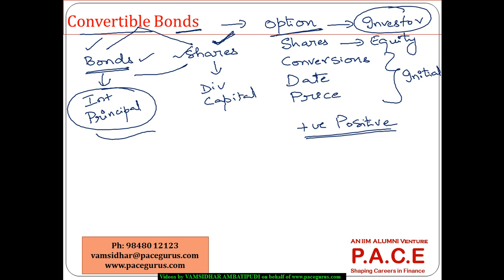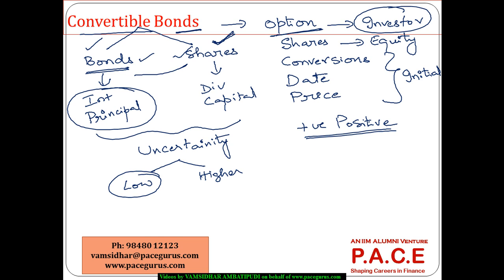And when more uncertainty exists, the share price can move drastically; it may go much lower, it may go much higher. If it is going much lower, the investor will not exercise the option, he will continue it as a bond. He will get all the benefits of the bond. If the price of the stock has gone very high, probably he will exercise the option.